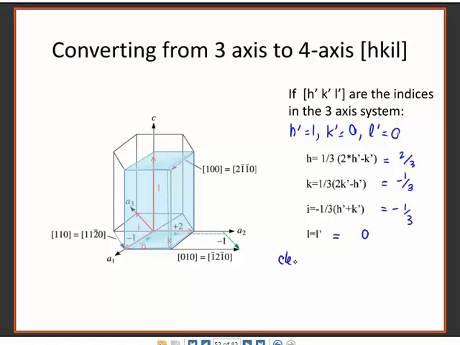When we clear fractions by multiplying by 3, we see that the 1, 0, 0 direction is equivalent to 2, 1 bar, 1 bar, 0 as shown.